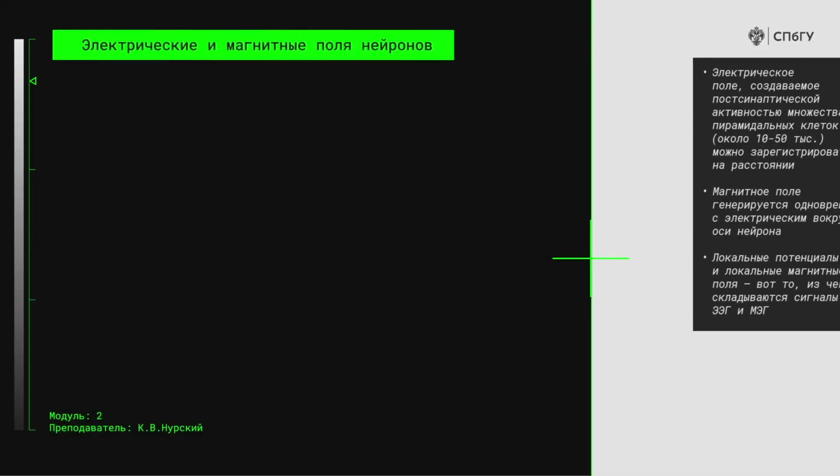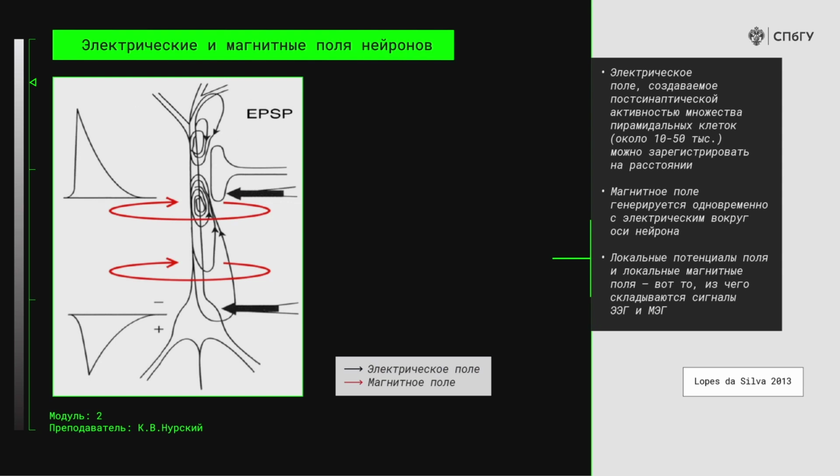The physical premise of EEG and MEG is the electrical field that is generated by postsynaptic activity of large populations of neurons, specifically the relatively large pyramidal cells in the cortex. At the same time, magnetic fields are generated simultaneously around the axis of each neuron.